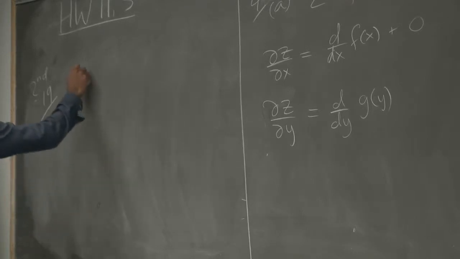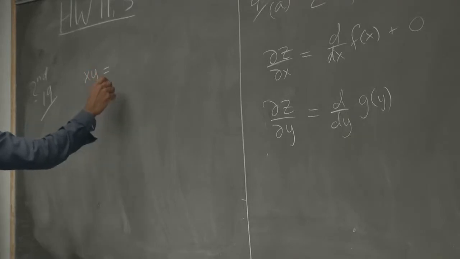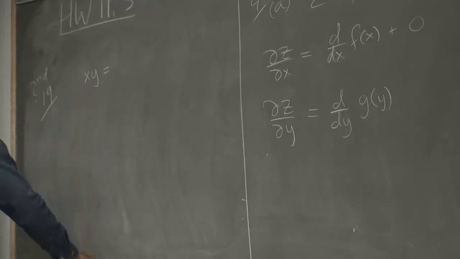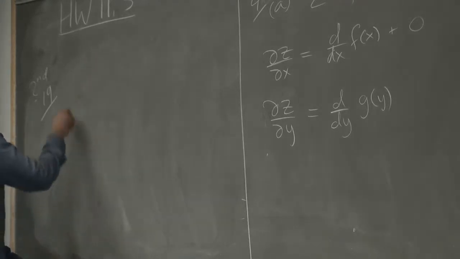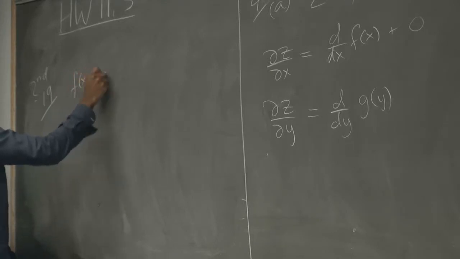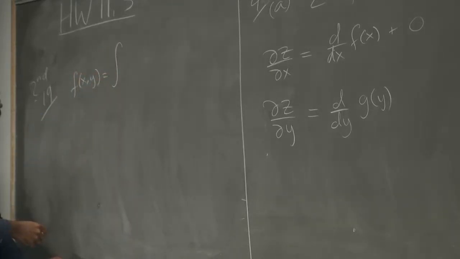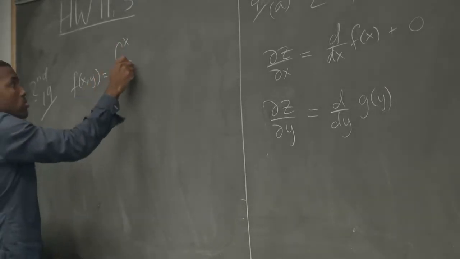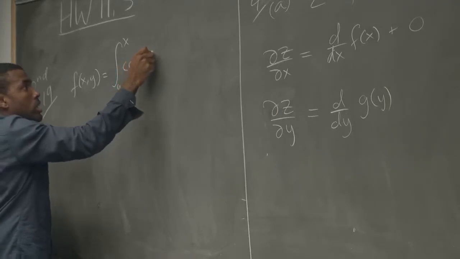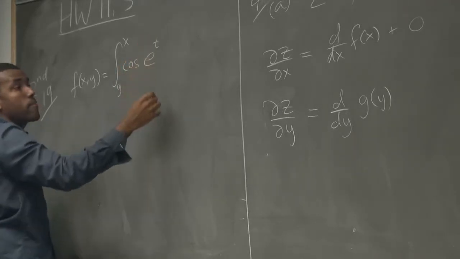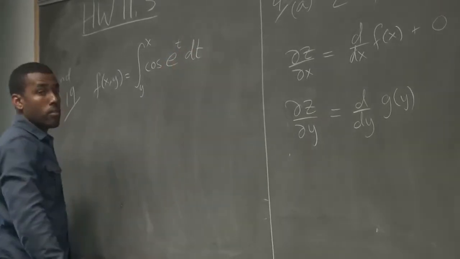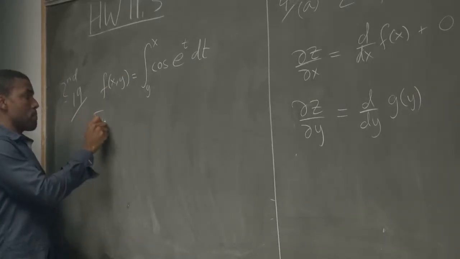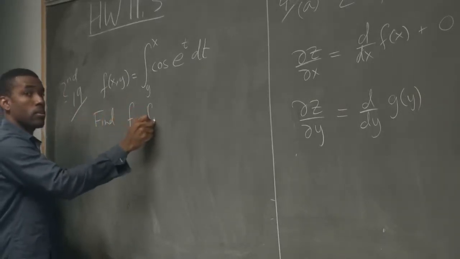The function f of x y is equal to the integral from y to x of cosine e to the t, dt. Okay, and you are supposed to find what? The partials, just the first ones, fx and fy? Yes.